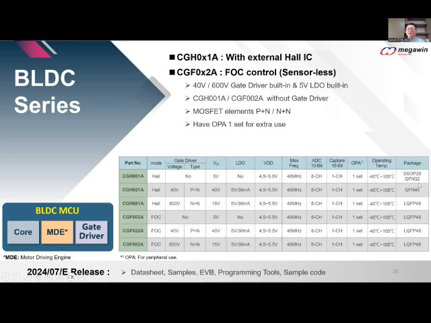We also support different kinds of packages. For the sensorless, it will be the LQFP 48. The operating temperature is up to 105 degrees Celsius, as this is an industrial level product.